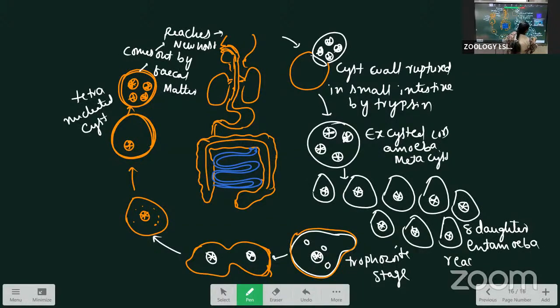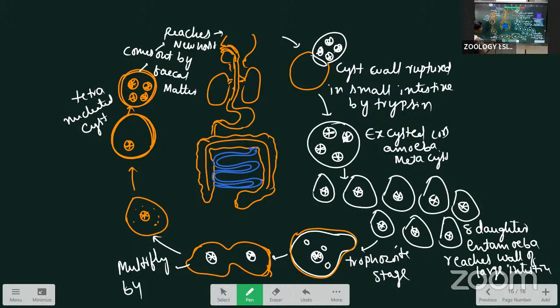Reaches the wall of the large intestine. This one multiplies by binary fission. This one is the pre-cystic stage. Cystic stage.